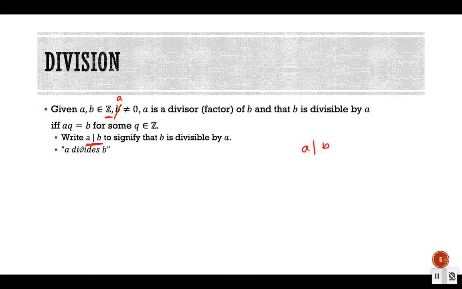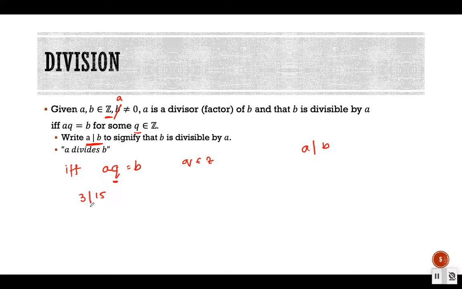We say that a divides b if and only if there is an integer q such that a times q equals b, where q is an integer. So let's see an example. Let's say 3 divides 15. When can we say that 3 divides 15?